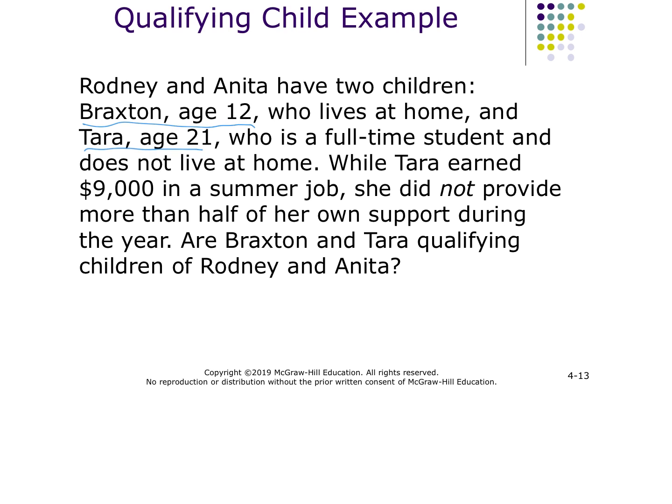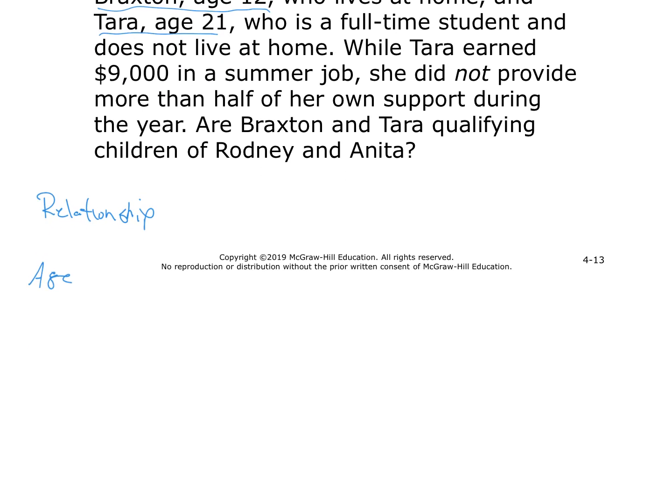All right, so here we go. What we need to do is look at the 4 tests for each of the children. We've got relationship, age, residence, and support.